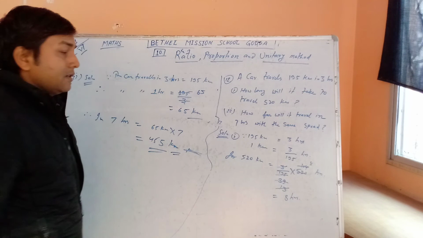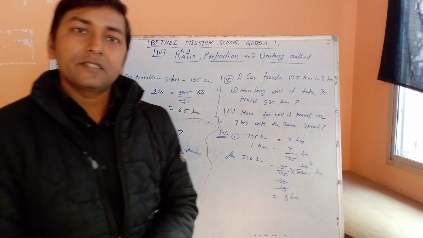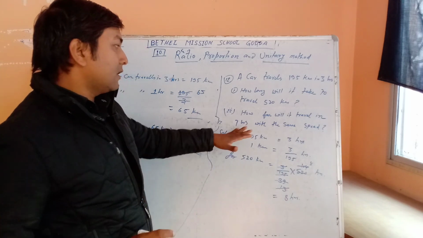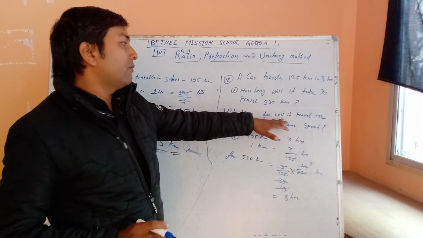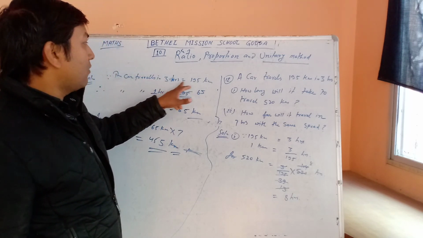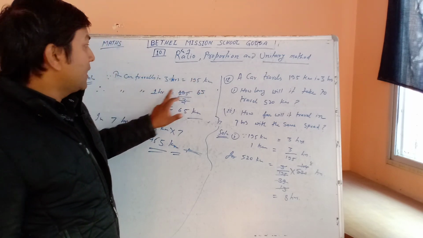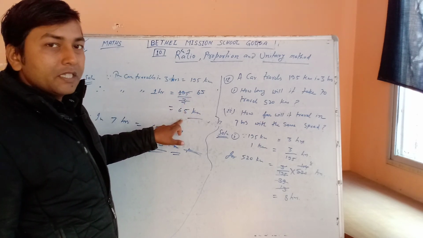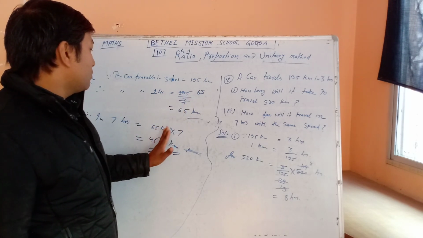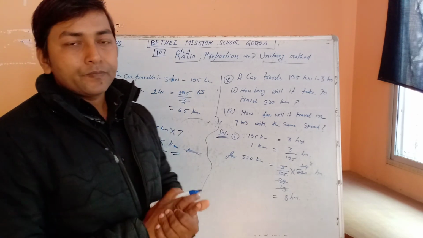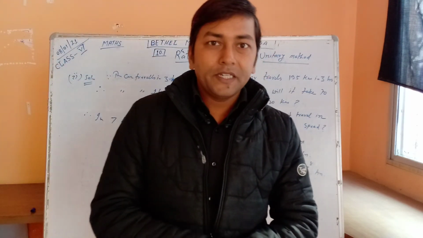That is the answer. I hope it is clear. The second question asked how far it will travel in 7 hours. We know that in 3 hours it travels 195, so in 1 hour 65 kilometers, so for 7 hours we multiply by 7 and get the answer. I hope it is clear.